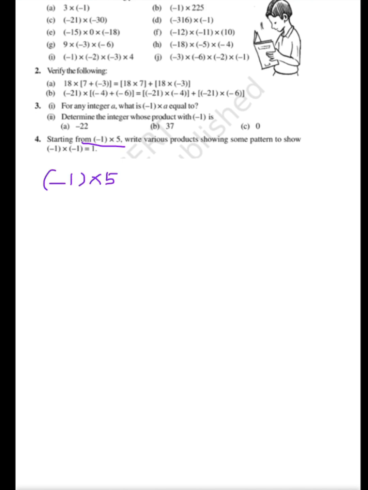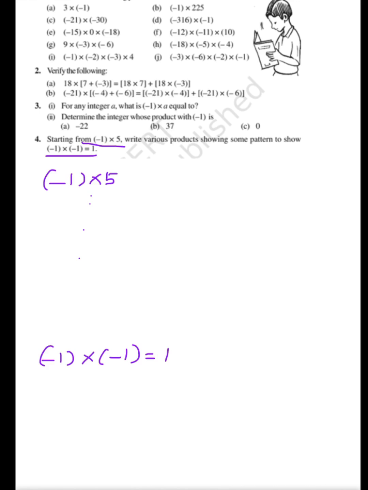And we will be writing various products showing some pattern, and at last we will reach minus 1 into minus 1 equals 1. We have to reach here. Okay, that is what is written here. So how will this pattern go? That is the question.